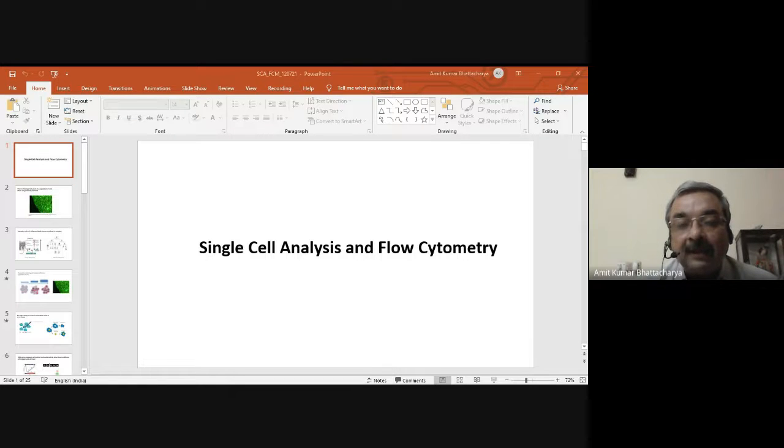Although flow cytometry started way back in history, several decades back, this idea of looking at one cell at a time has come only in the last around 15 years or so. So we'll first deal with why one should look at one cell at a time.